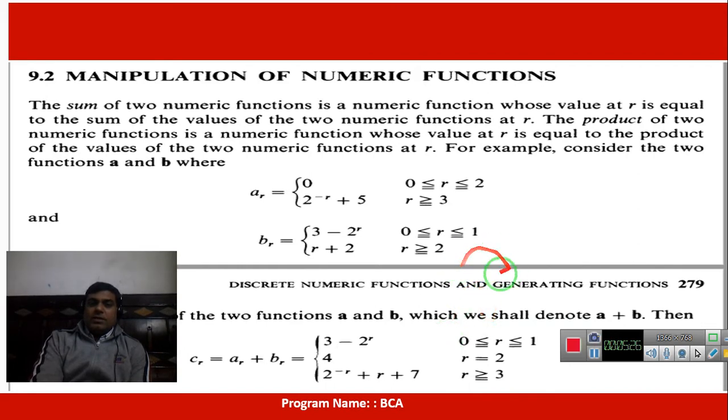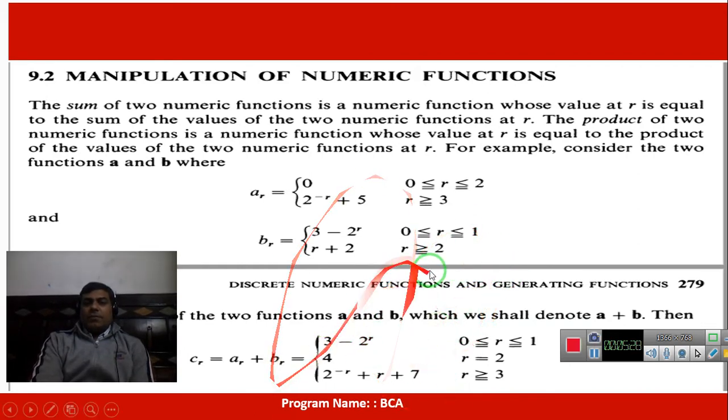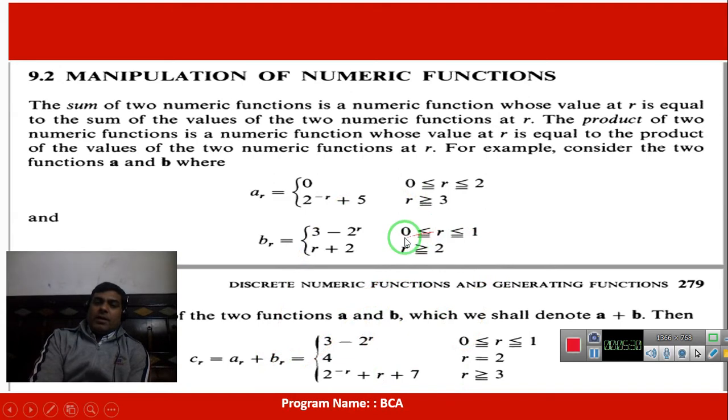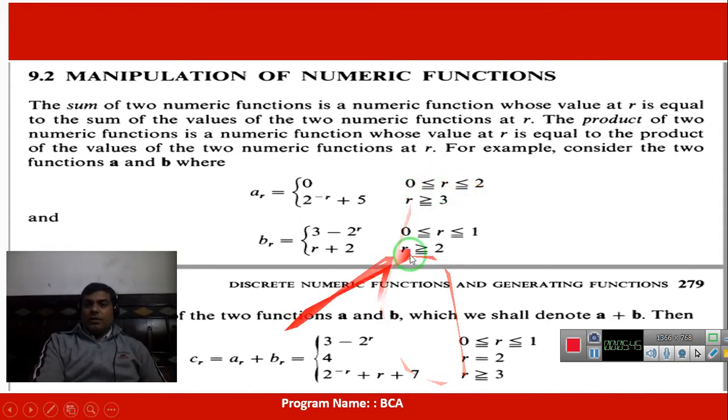So the range is that r lies between 0 and 1, but here r lies between 0 and 2. So we can break this range because this is a larger range. So we can break 0 to 1 and r equal to 2, because there is no scope for any real numbers here, as we will work on integer numbers only, as we have already discussed.